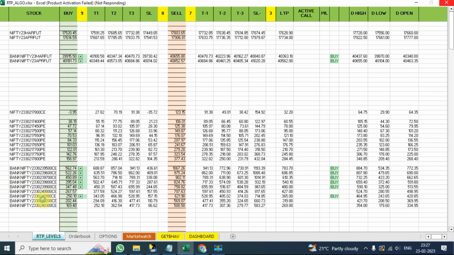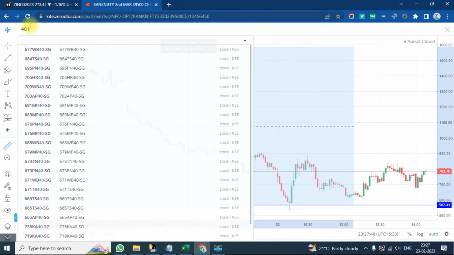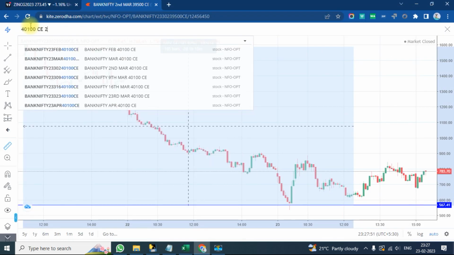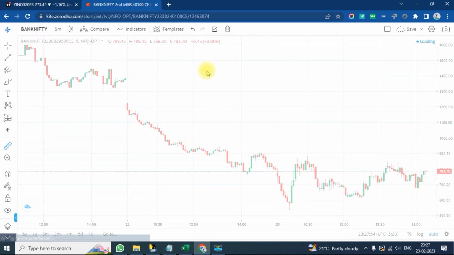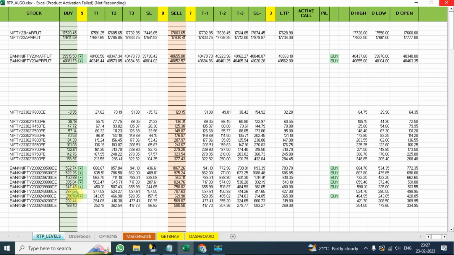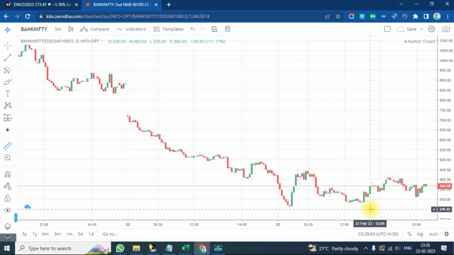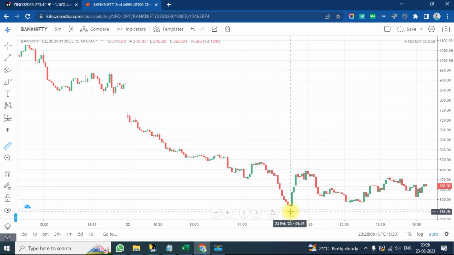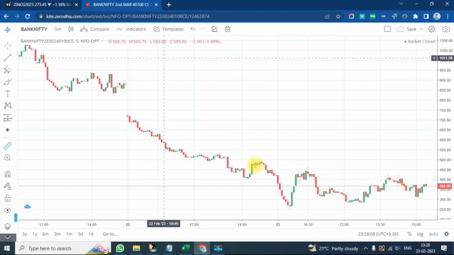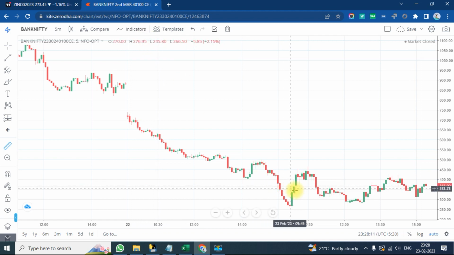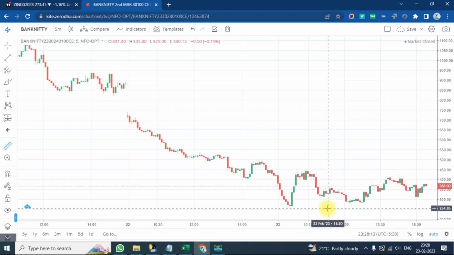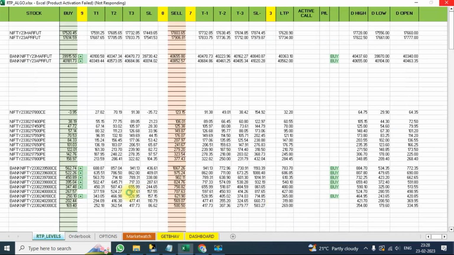In the same way we can see a lower priced one, the 40,100 call, 2nd March. For the 40,100 call, 250 was the buying level, and you can see today's day low was 245. Here you can see the candle low is 245, and our buying was around the 250 range. So 250 was our buying point.